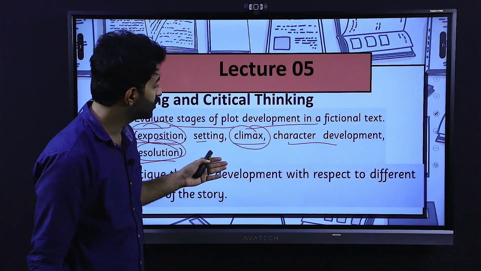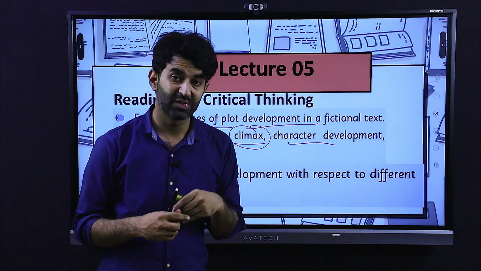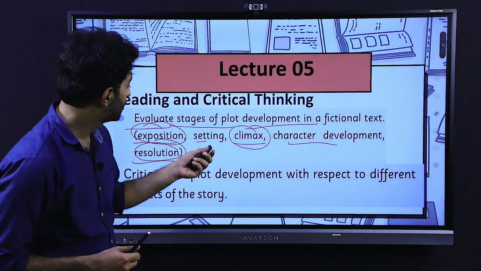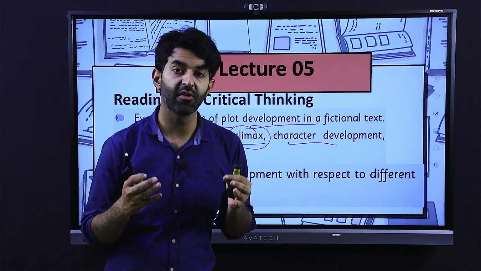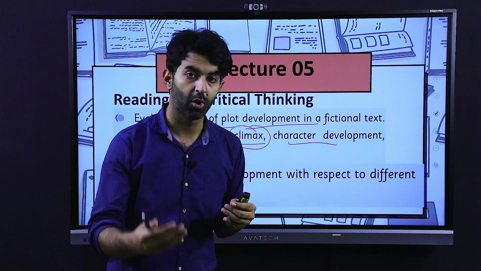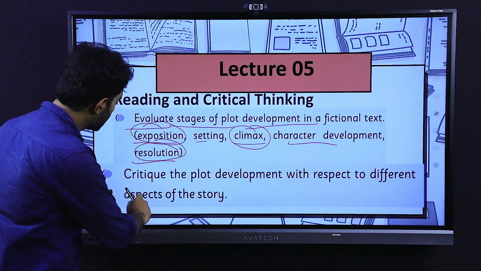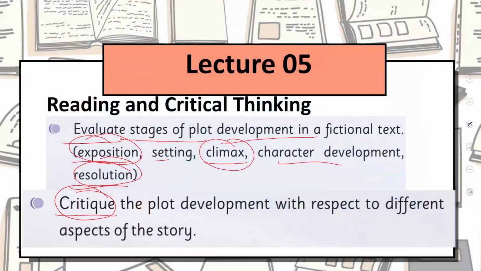We are also going to see how the setting and also the characters leave a very impactful effect on the plot. We will critique, which means we will criticize the plot development with respect to different aspects of the story.